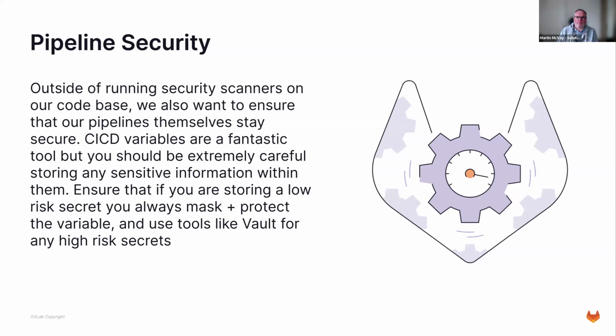If we're doing something a bit more hardcore and we've got things like keys and proper usernames and passwords, and there's potentially rotation involved in those credentials as well, then we really should be looking at plugging into an external tool like Vault to do that for us. Then we can use an integration point from GitLab into Vault that allows us to pull those values as and when we need to. So really, start at the very top and try to keep things as secret as you need to.